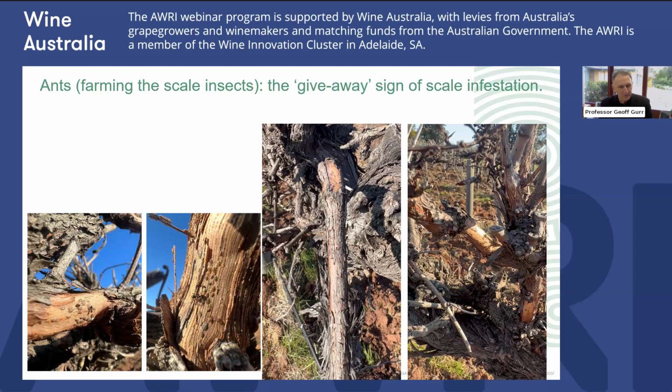And so ants will effectively farm scale insects in a way that's quite similar to the way that humans might farm dairy cattle. And because the ants are protective of their livestock, if you happen to disturb them, then they are likely to become quite aggressive and very active. So keep in mind that ants are a useful way of early detecting scale insect presence in the vineyard.